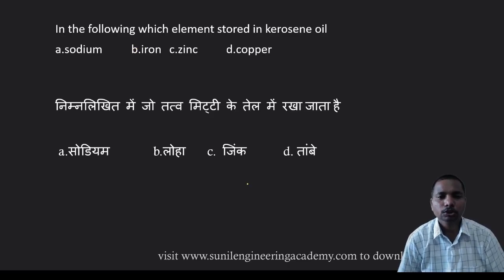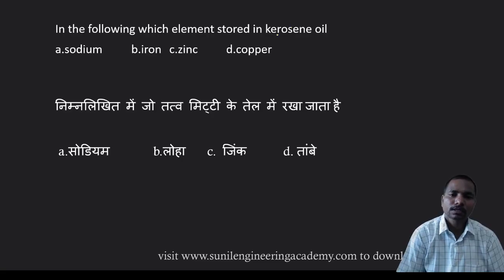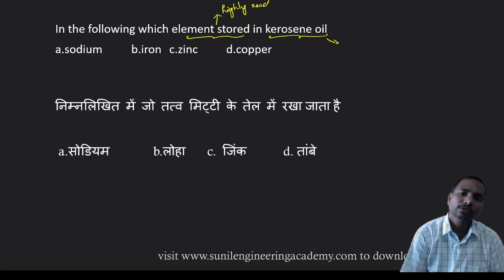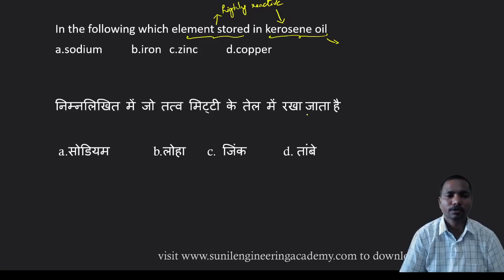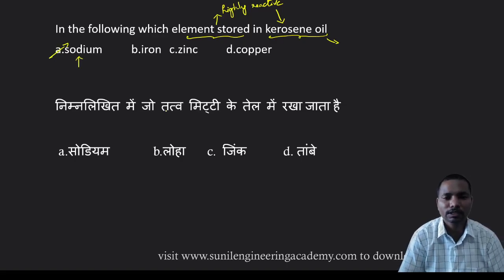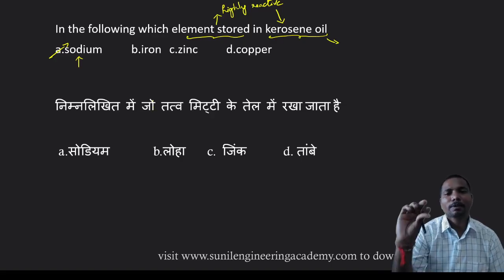Which element is stored in kerosene oil? The elements which are highly reactive with water are stored in kerosene oil, like sodium. Sodium is highly reactive with water. You can search on YouTube, you will get many videos of experiments on sodium.